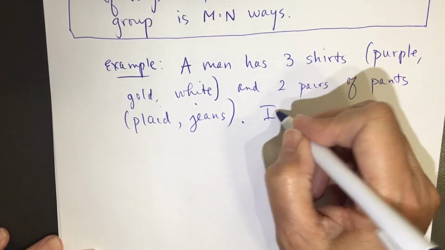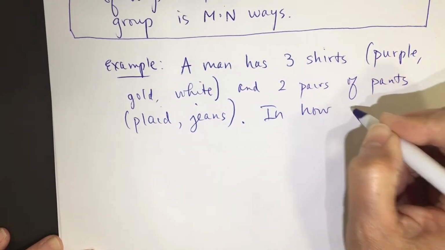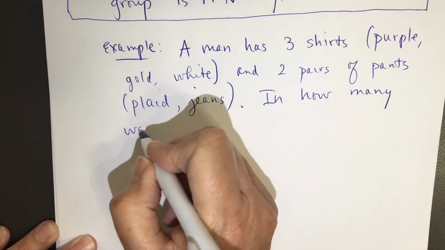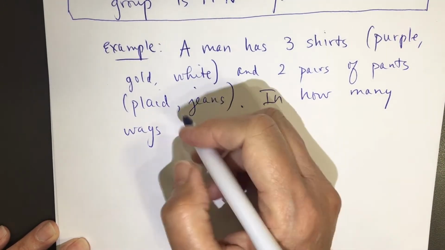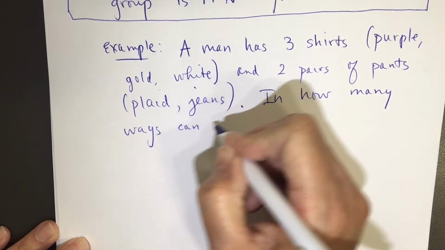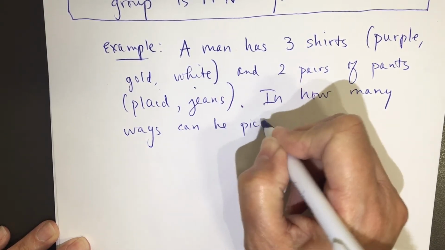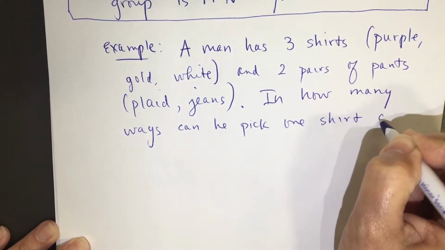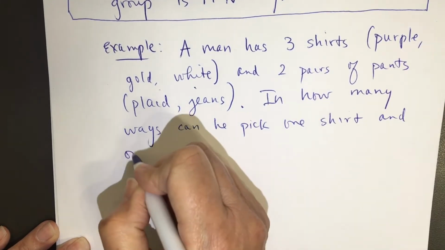So the question is, in how many ways can he pick one shirt and 1 pair of pants?